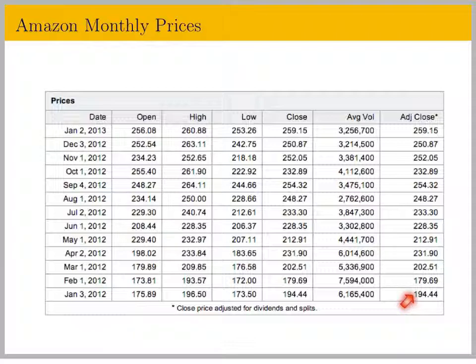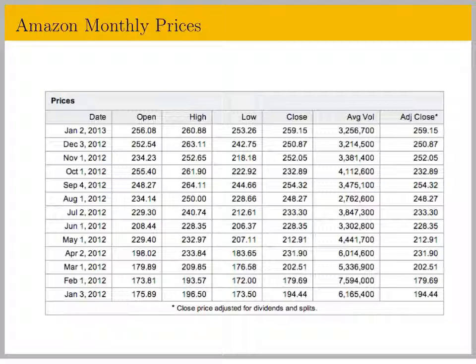So if you wanted to buy Amazon stock on January 3rd at the close of the day, you would have had to pay that much. Now, if you had bought it and held it for the whole month and then sold it on February 1st at the close of the trading day, you would have been paid $179.69.